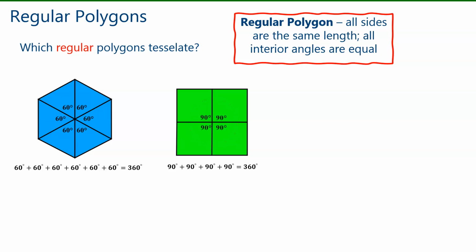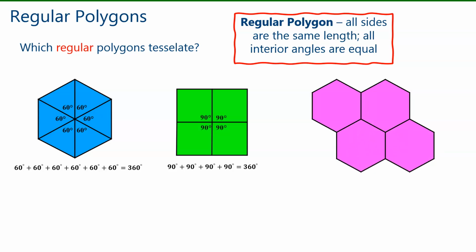Next, we'll look at a hexagon. A hexagon is a 6-sided figure, and the interior angles of a hexagon are 120 degrees. A hexagon will tessellate.